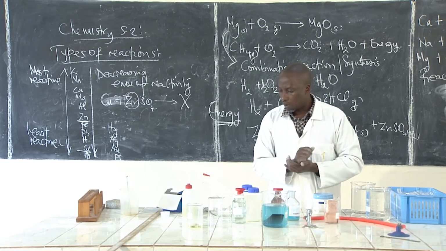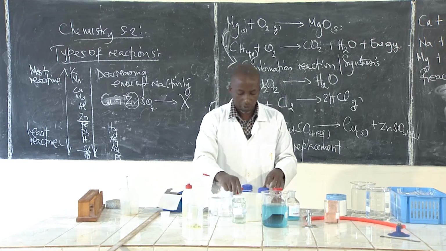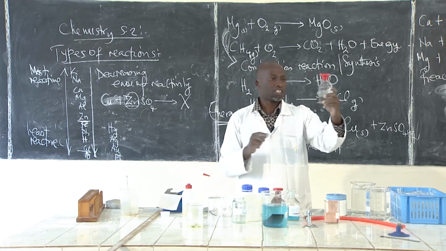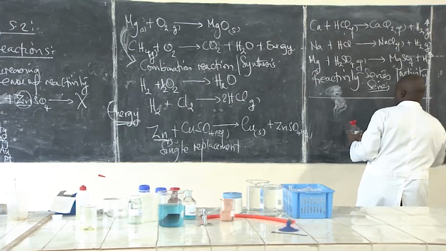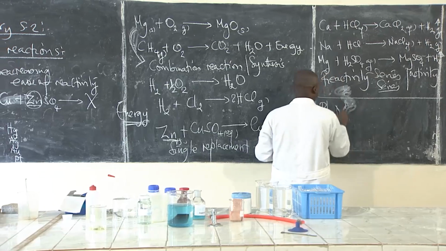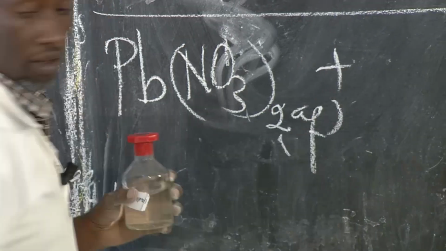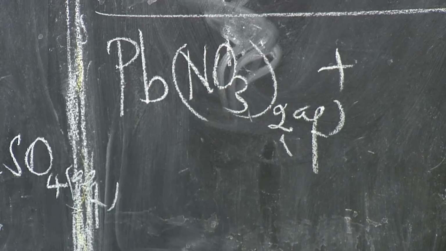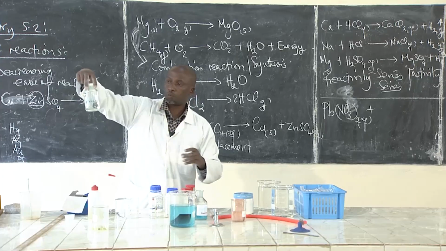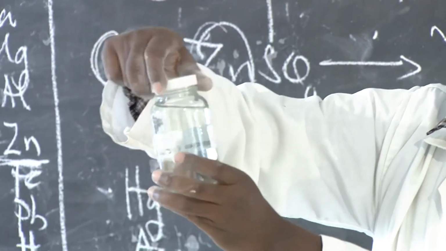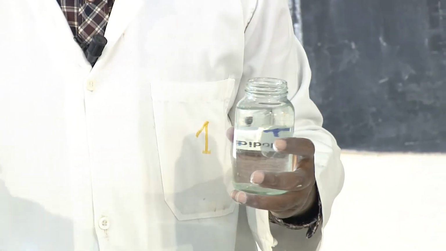Let me also do some other simple experiment. You'll predict what is happening. So this is lead 2 nitrate, it contains lead ions. It is lead 2 nitrate. This is a solution. And I'm just going to combine it with potassium iodide solution.